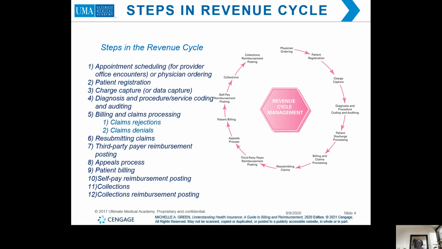And then we have our third party payer reimbursement, and when we get reimbursed, we have to post those reimbursement amounts into our financial system. If we have denials, we might want to appeal them and say, we really think we should still get paid for this procedure, and this is why.